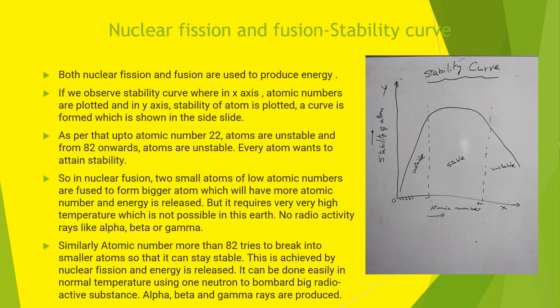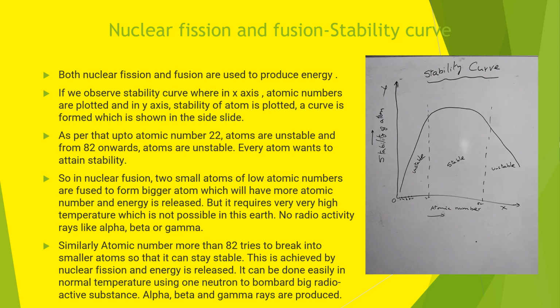Every atom wants to remain stable. So in nuclear fusion, two small atoms of lower atomic number are fused to form a bigger atom, which will have a higher atomic number, and energy is released. But nuclear fusion requires very, very high temperature, which is not possible on this earth. No radioactive rays like alpha, beta, gamma are formed.